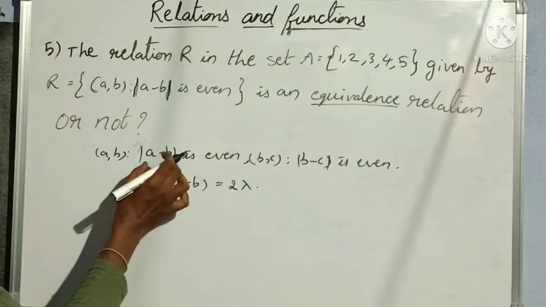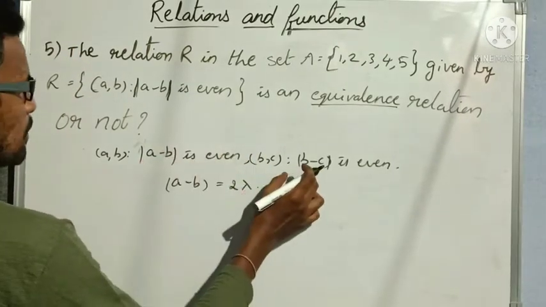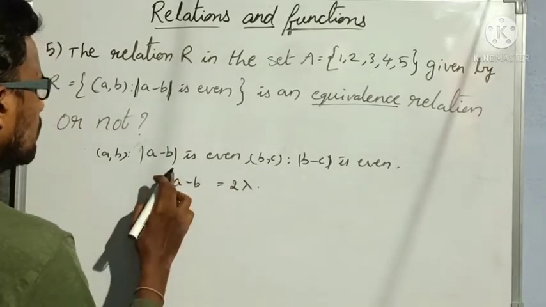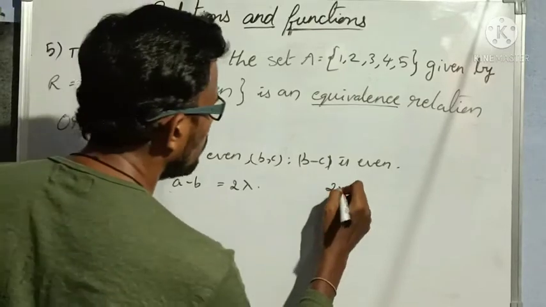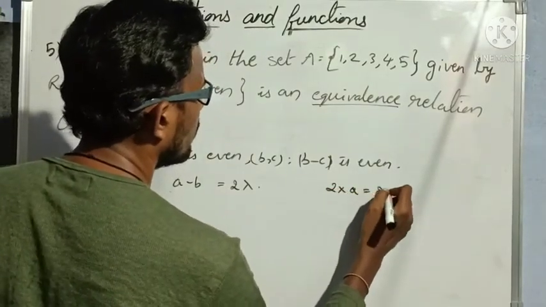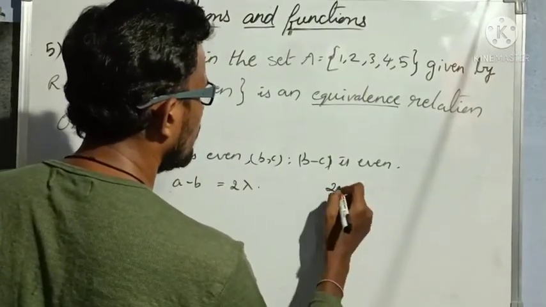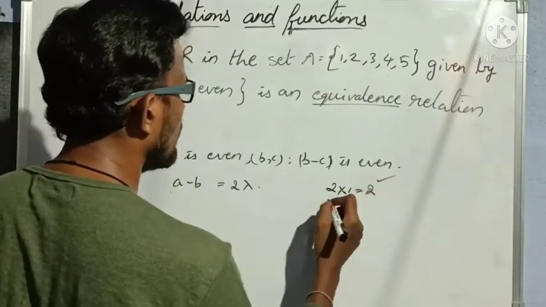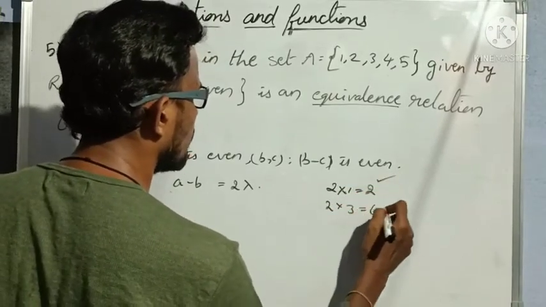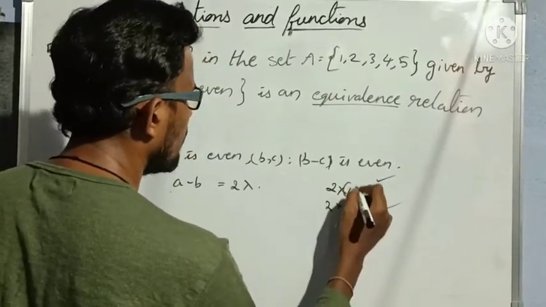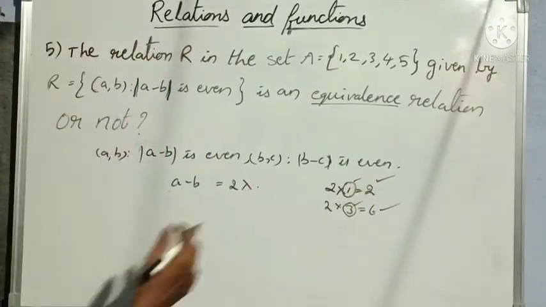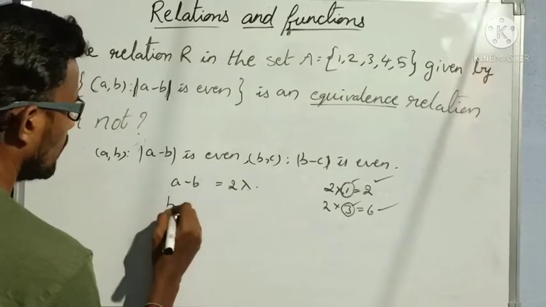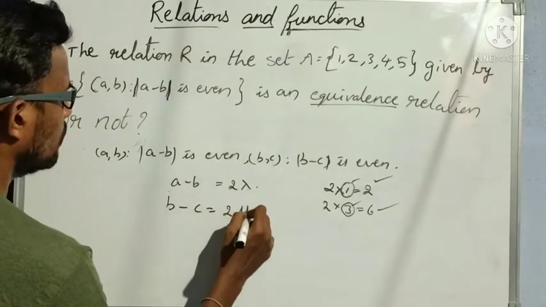Yes, modulus is there, so minus also becomes plus. 2 lambda means even number. 2 into any number will give an even number, right? 2 into 1 is 2, an even number. 2 into 3 is 6, an even number. So in the place of 1, 2, 3 I am substituting lambda, such that 2 lambda is an even number. In the same way, b minus c is equal to 2 mu.